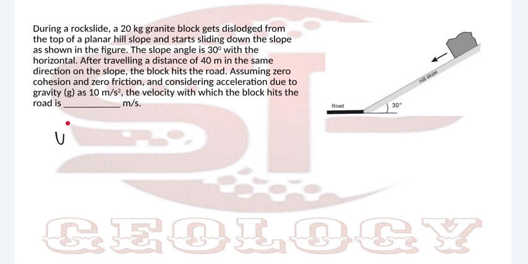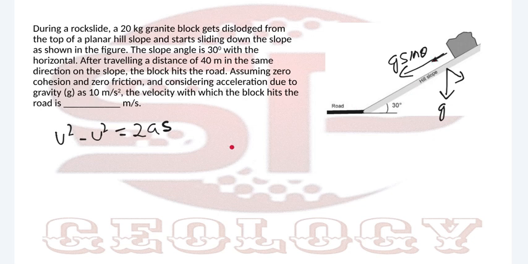So you can use the formula v square minus u square equals 2as, where s is given as 40 meter. Here this will be the acceleration due to gravity g. In this direction it will be g cos theta, and in this direction it will be g sin theta. So g sin 30 will be the acceleration.